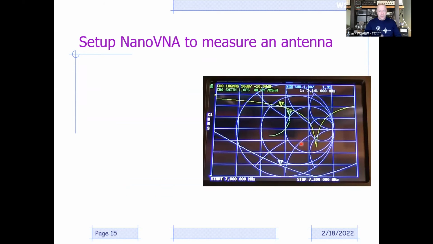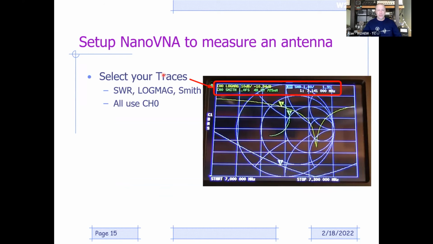So how do we set up the NanoVNA to measure an antenna or an antenna system, meaning the antenna and its feed line? Normally you're going to select the traces you want to look at. You might just choose to put the SWR trace up, the white trace right here, and not have the others. I like using the SWR trace because it's what we grew up using for the last 40 or 50 years.